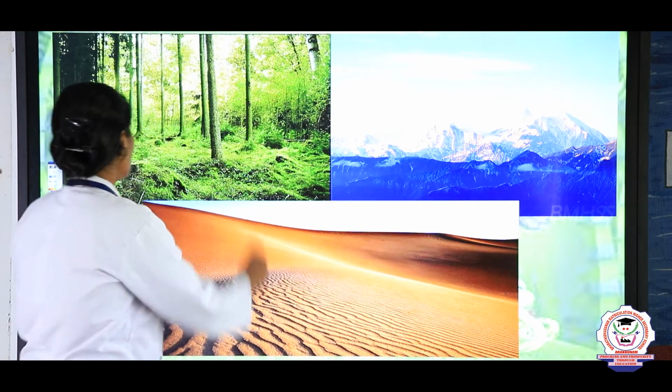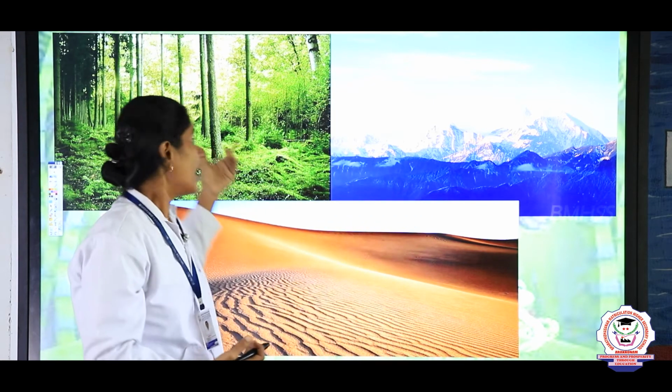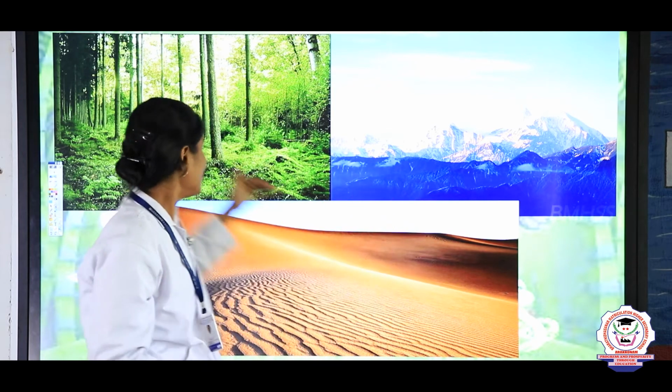The first one is about the forest, right. In the forest, you can see many trees. In the forest, some animals like zebra or lion, and even animals like monkeys and birds, live in the forest, right. Also some animals like snakes and moles live inside the ground of the forest, right.